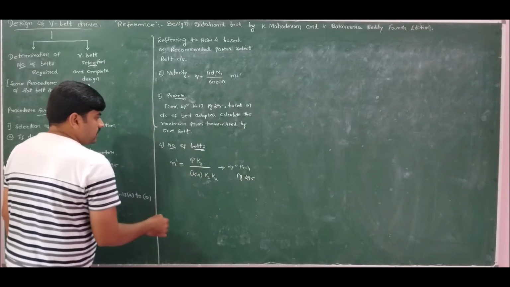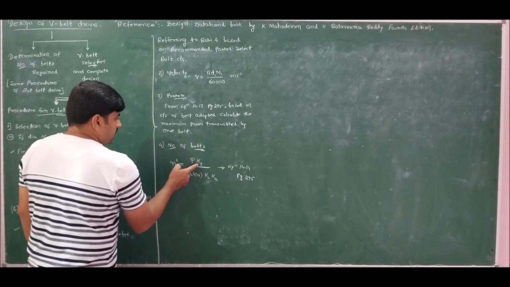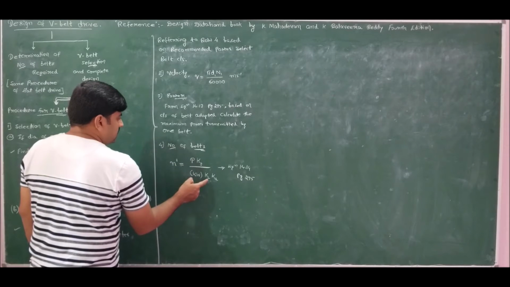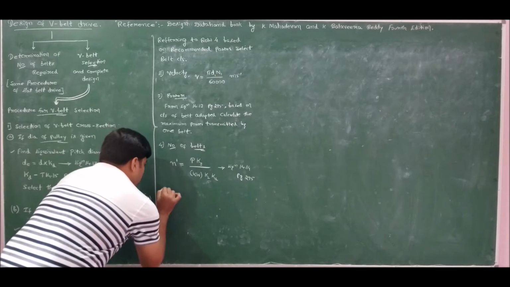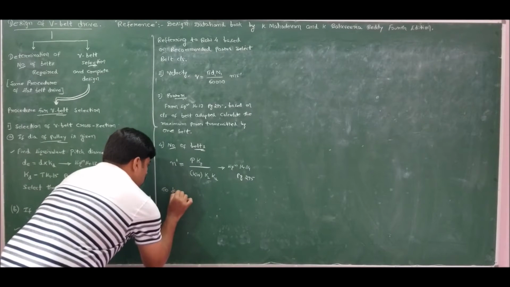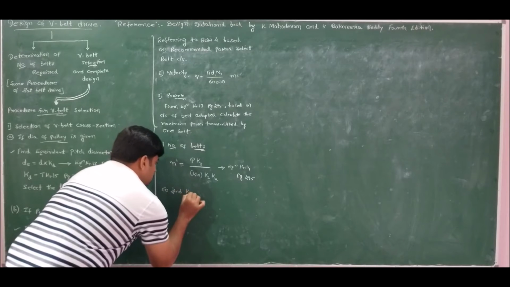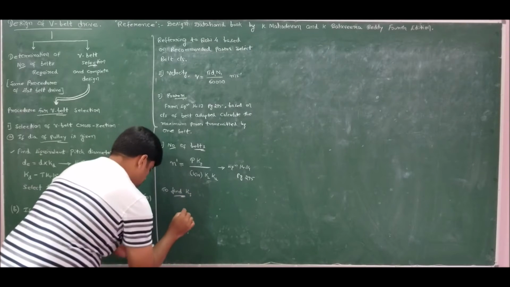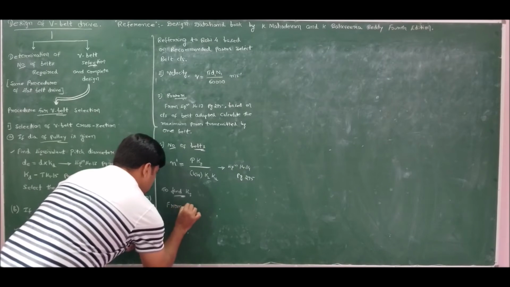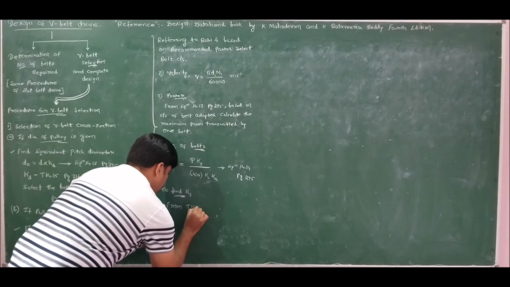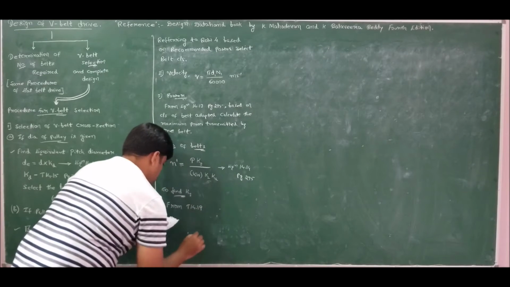Now in this equation we have to calculate the factor based on service, factor based on length and factor based on angle. Now coming to factor based on service, that is Ks. This is adopted from table 14.19.